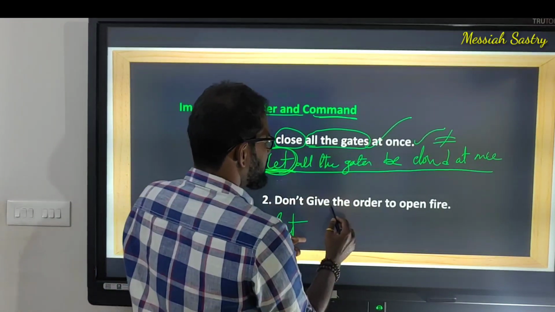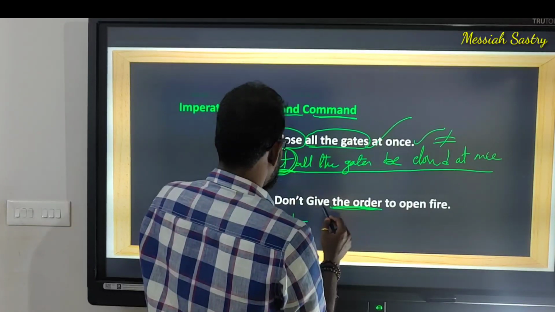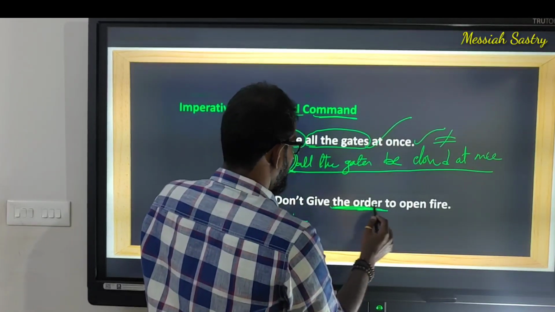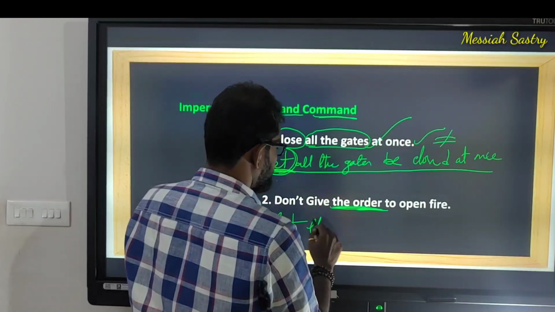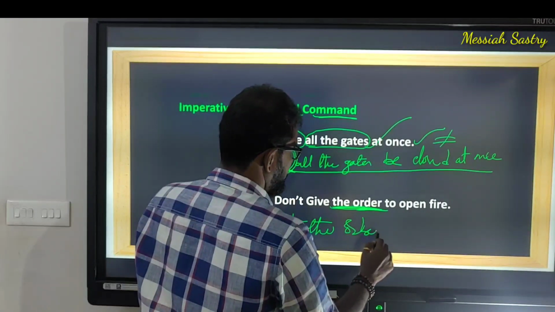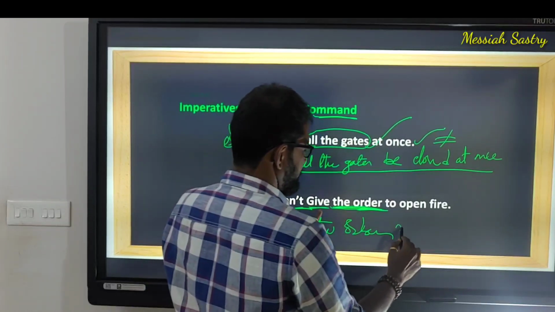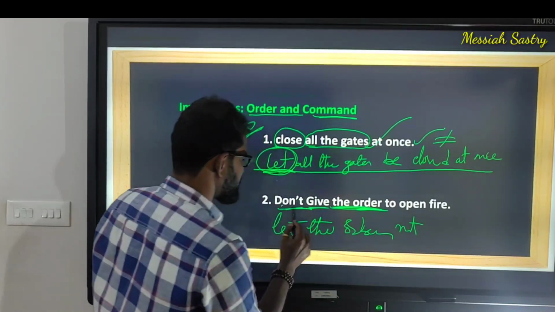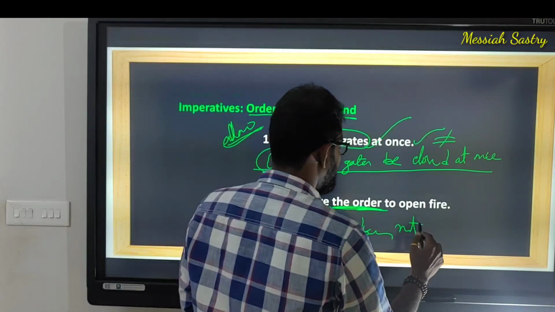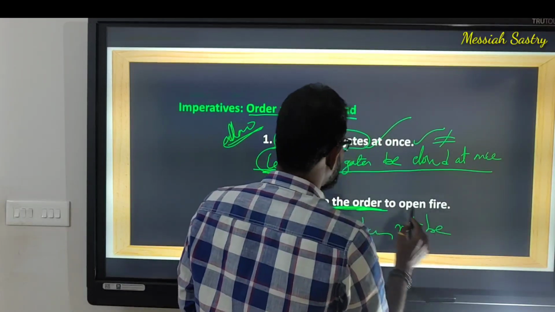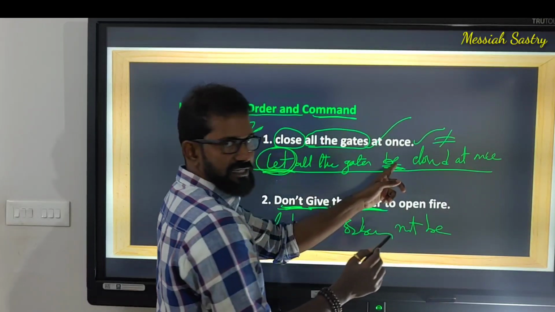Let, object, order. Let the order not to be given, because it's a negative sentence. Here, in a positive sentence, we write be.